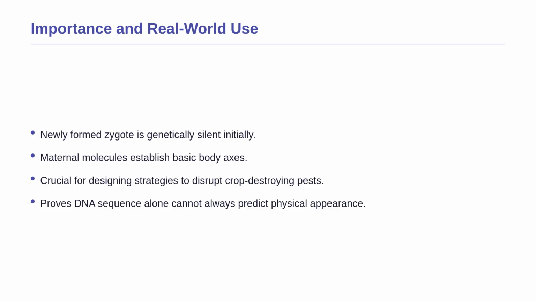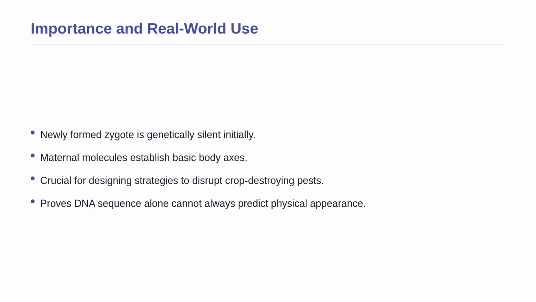Understanding this mechanism leads us to why maternal effects are absolutely critical. When a sperm fertilizes an egg, the newly formed zygote is essentially genetically silent for the first few cell divisions. It cannot produce its own proteins yet.